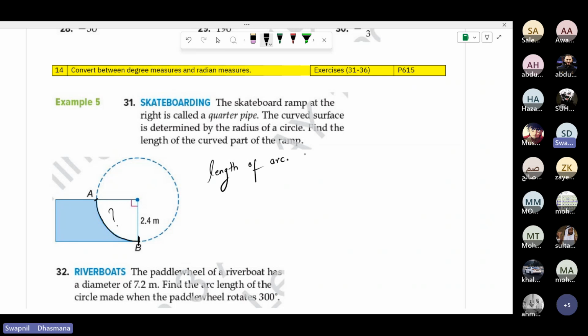Length of arc ACB is theta, this angle, over 360, times the length, meaning circumference. It's like a pizza piece. So if there is a piece of pizza, this is 90 out of 360. So same logic you will apply.